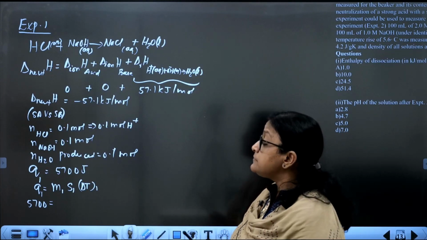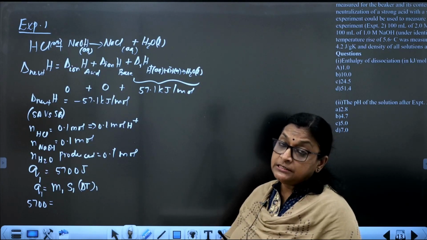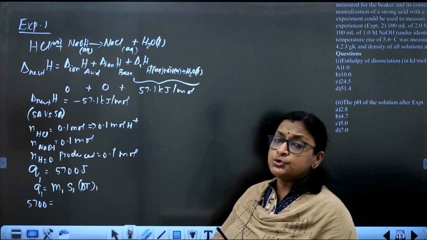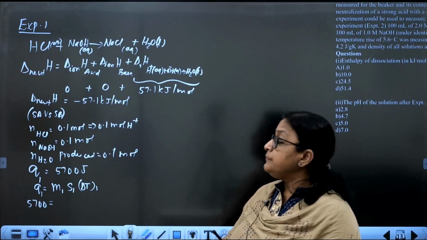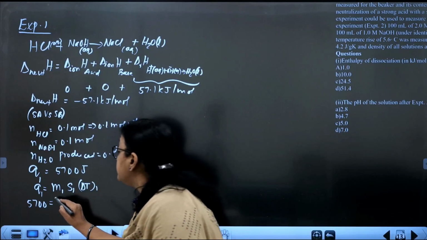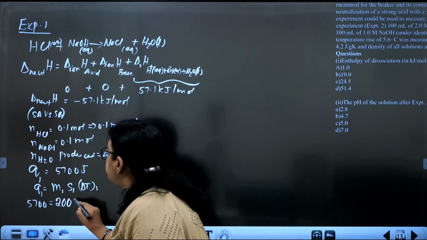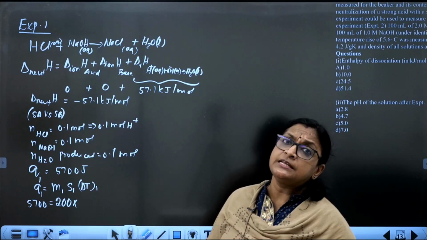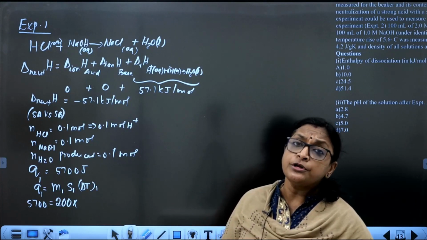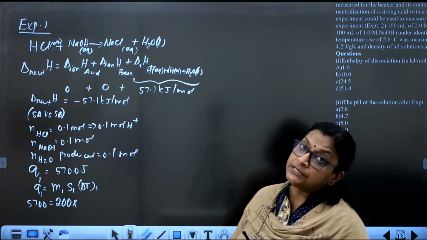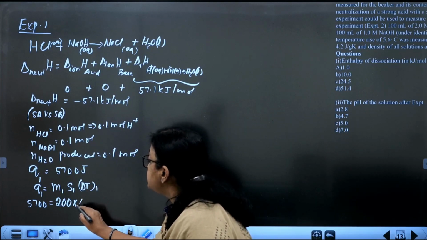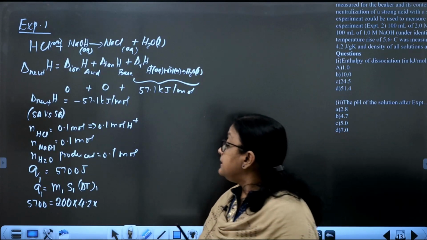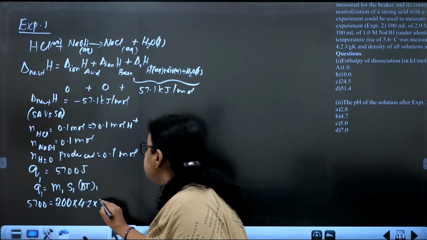So mass of solution m1 is volume into density, 200 into 1, 200 gram. And specific heat of all solution can be taken as 4.2 joule per gram per degree, as given. So s1 is 4.2 and delta T1, the rise in temperature, is 5.7.